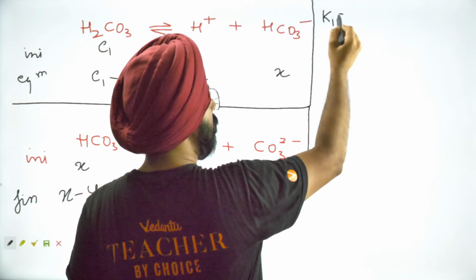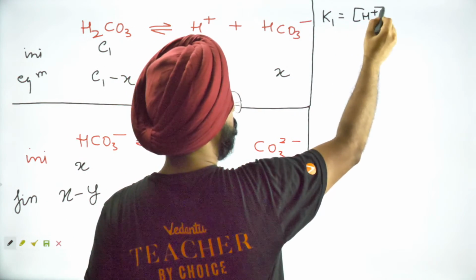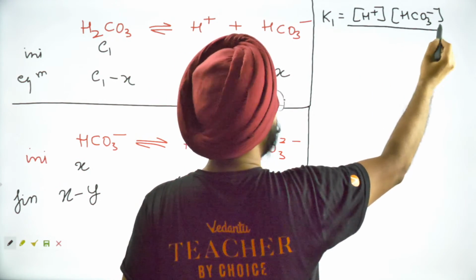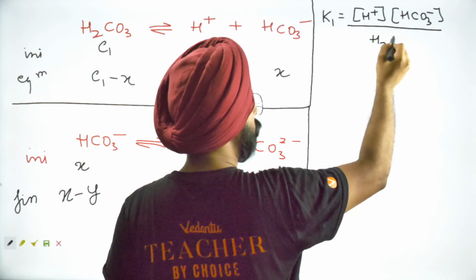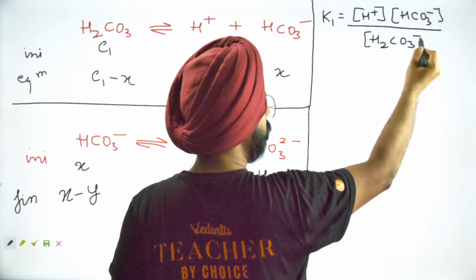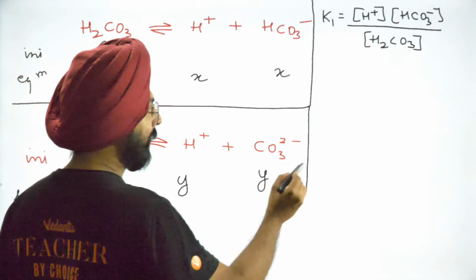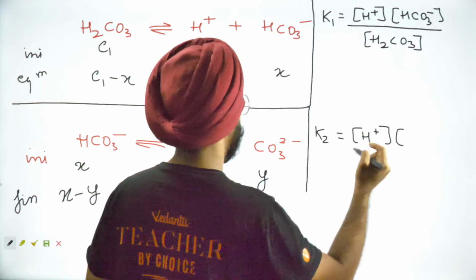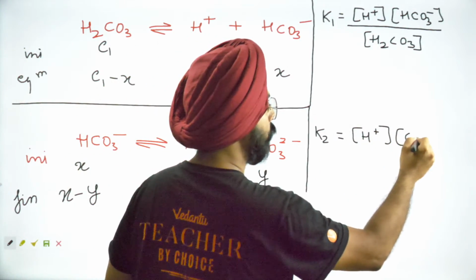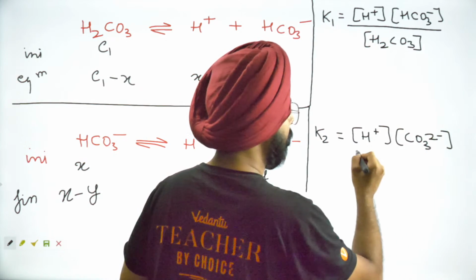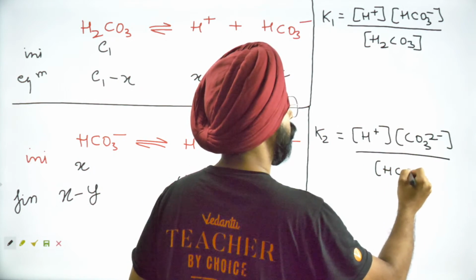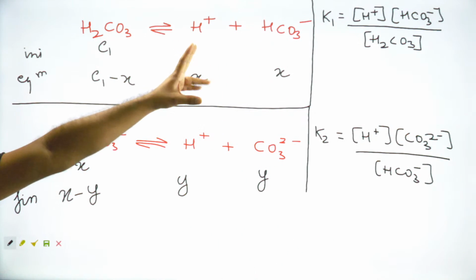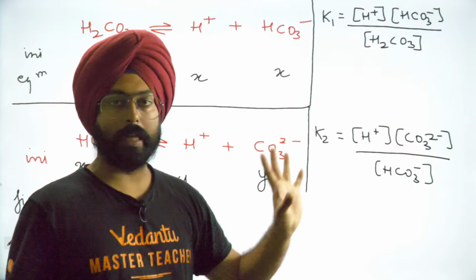So K1 is equal to concentration of H positive into concentration of HCO3 negative divided by the concentration of H2CO3. ठीक है. सेकेंड केस में K2 is equal to concentration of H positive into concentration of CO3 2 negative divided by the concentration of HCO3 negative. ठीक है, ये लिख सकते हैं अपन दोनों केस में. First equilibrium constant, second equilibrium constant.